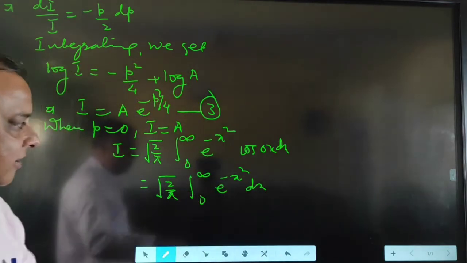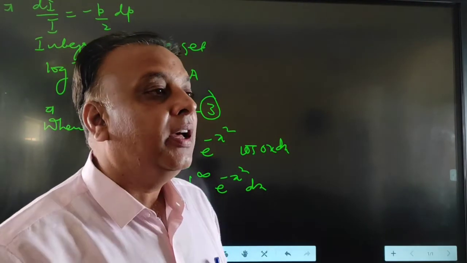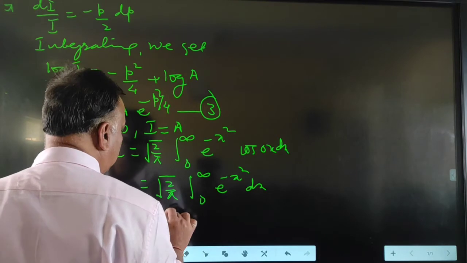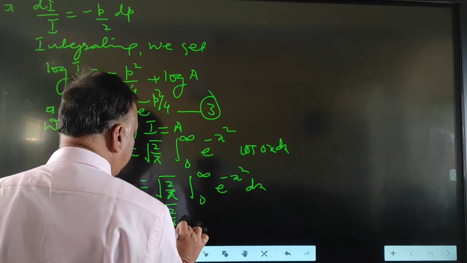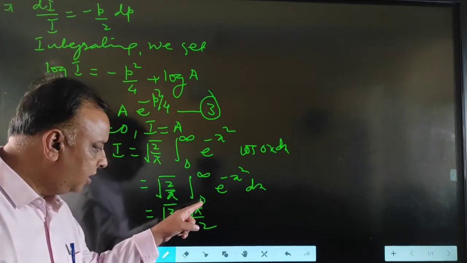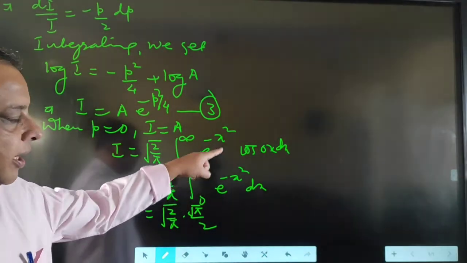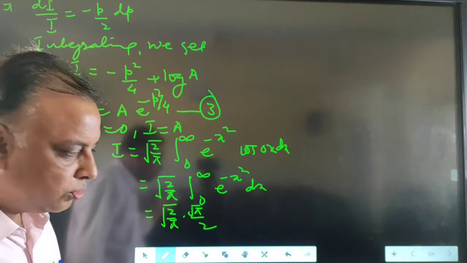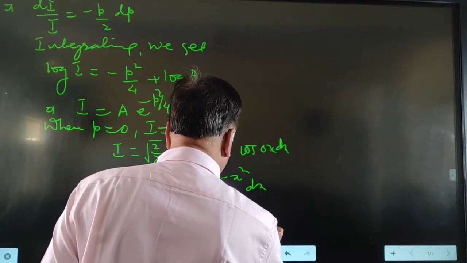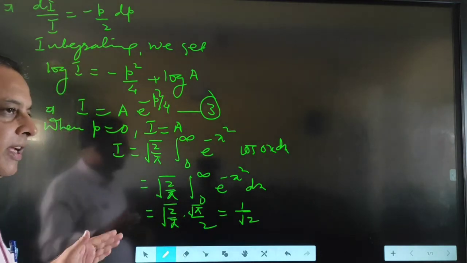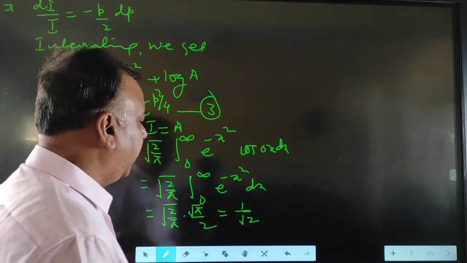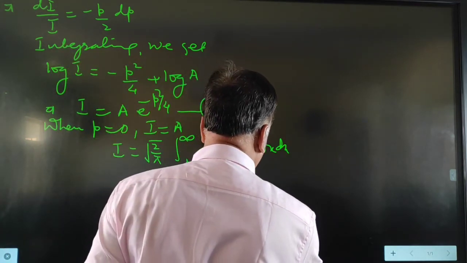This is e raised to minus x square, not x square by 2. As we know, integral 0 to infinity e raised to minus x square dx is a standard integral, and the value of this one is root pi by 2. So this is root 2 upon pi into root pi by 2, which is equal to 1 by root 2. So the value of I at p equal to 0 is 1 by root 2, and this is the value of a.